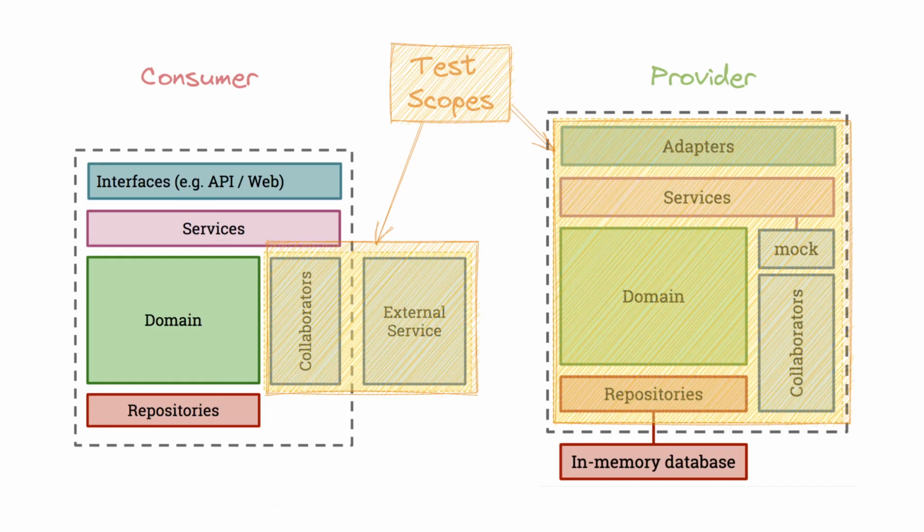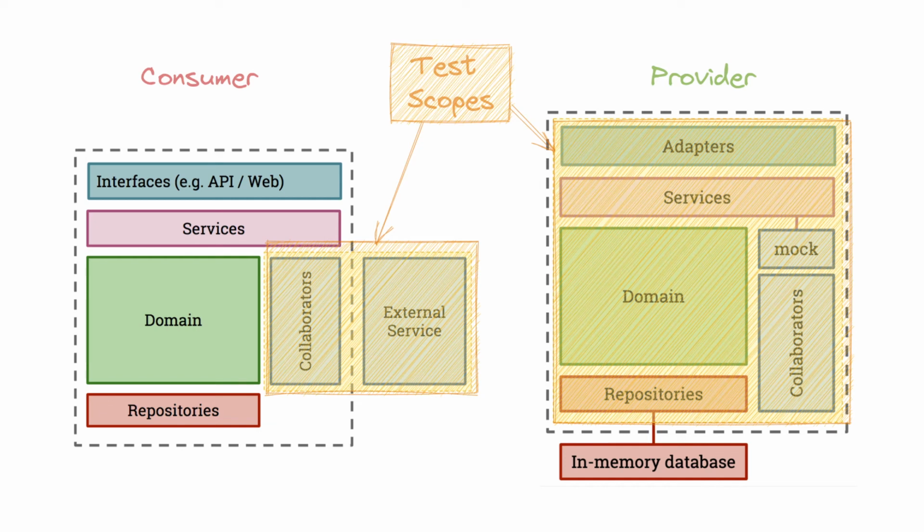If we look at these two schemes from the official Pact guide, we will see a big distinction between the scopes of CDC testing of consumer and provider. On the consumer side, we test only collaborators with an external service. In fact, it will be pretty small and simple, highly isolated unit tests.